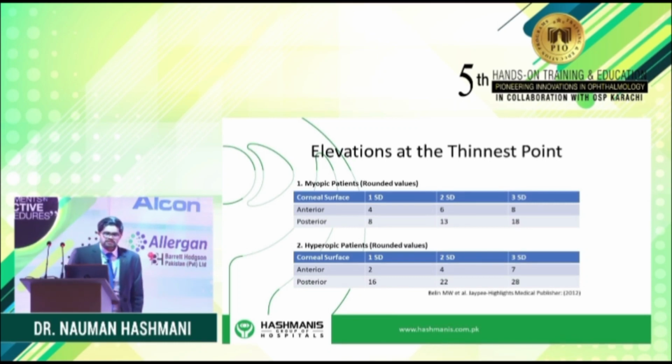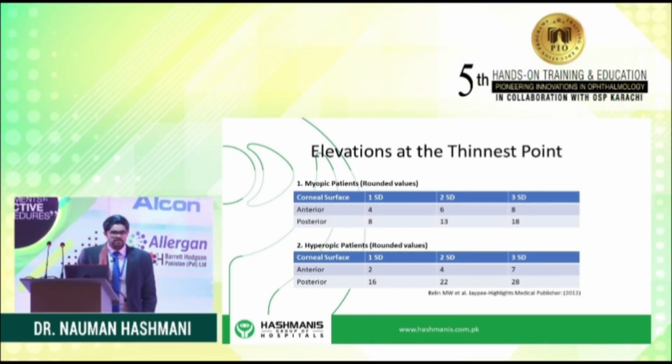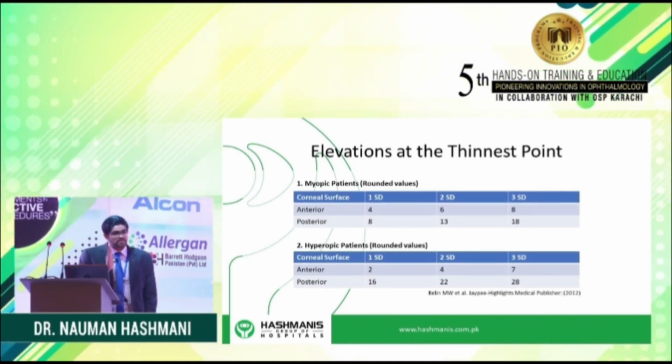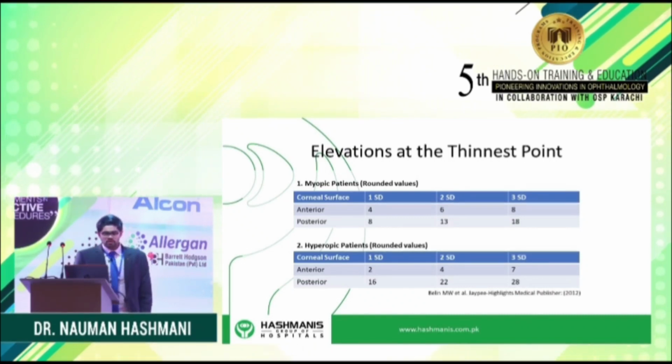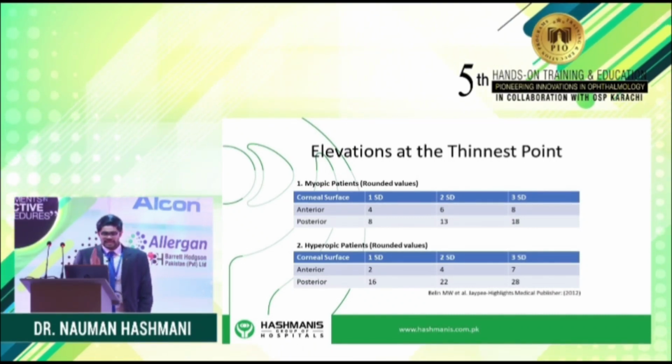Now, just as an introduction, if you want to look at the quantitative analysis, and these are all at the thinnest point. If you look at the anterior corneal surface and the standard deviations, you get 4, 6, and 8 in myopic patients. And if you look at the posterior surface, you're going to get 8, 13, 18. Now, all of these are rounded just to make it a little bit easier.